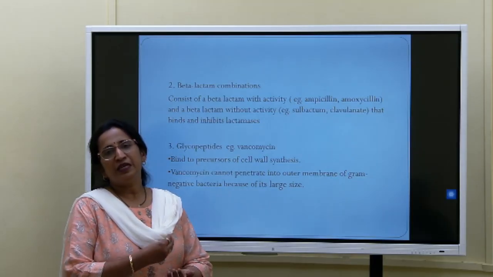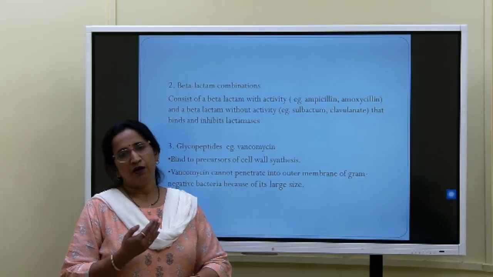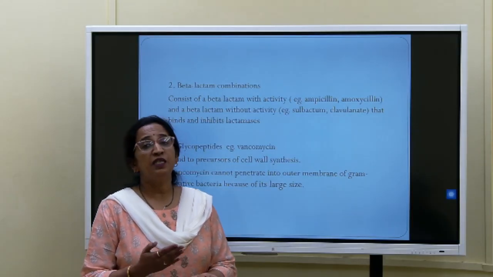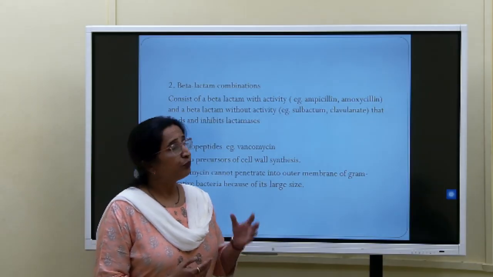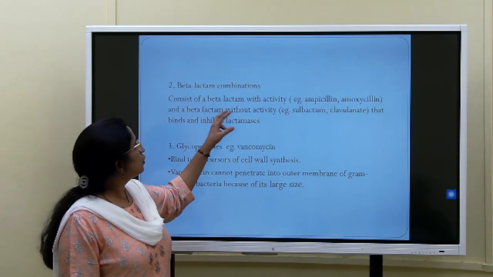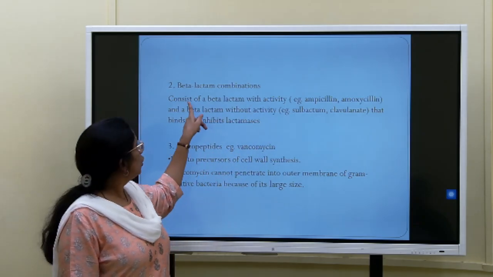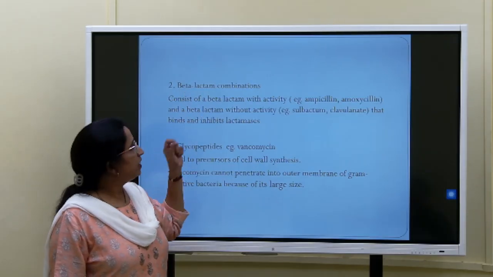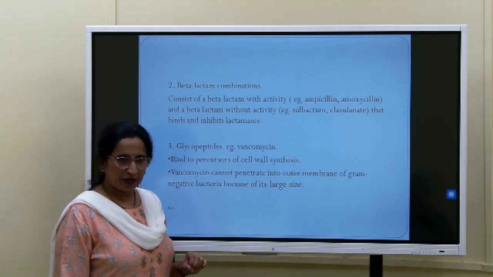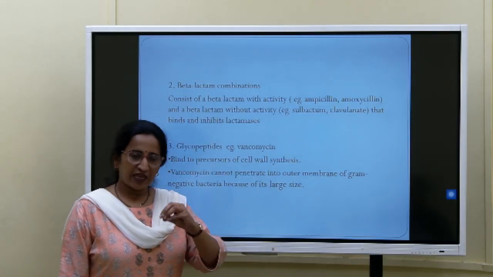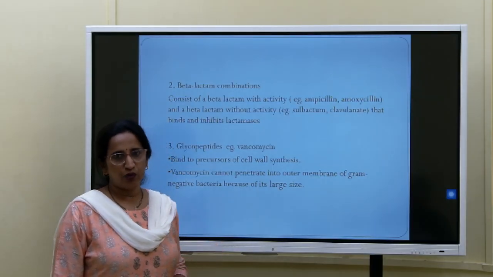So obviously the beta-lactam antibiotics would not be effective against beta-lactamase producers. So we can use combinations of two antibiotics which work in two different ways. In beta-lactam combinations, we have a beta-lactam antibiotic which has the actual activity, that is going to bind to the transpeptidase.